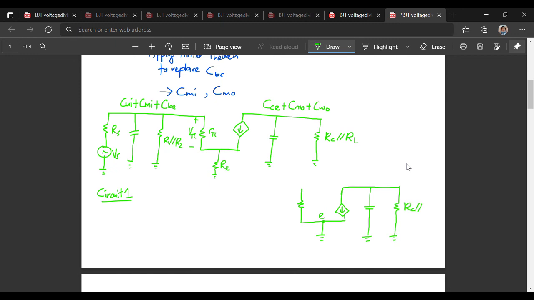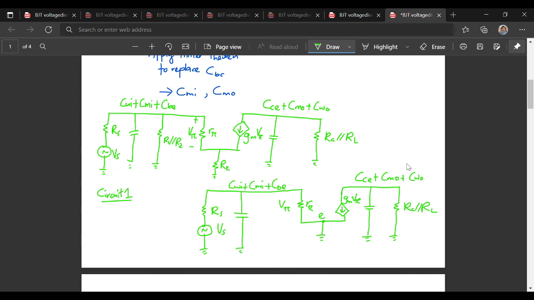RC parallel with RL, gm V pi. Don't forget the labels. Okay, so this is for circuit 2. Okay, so that's it.